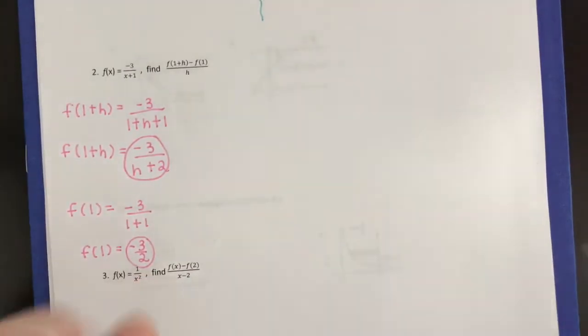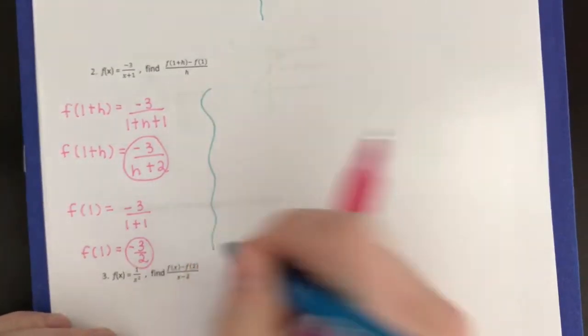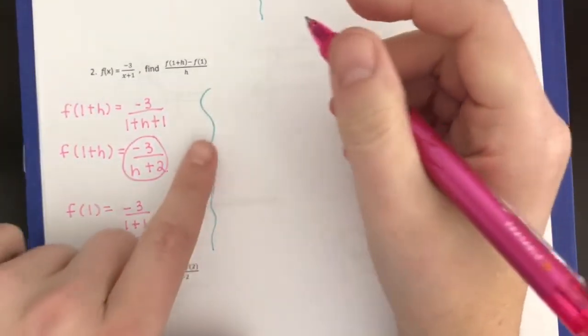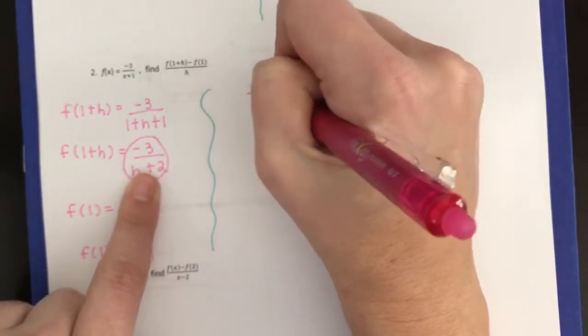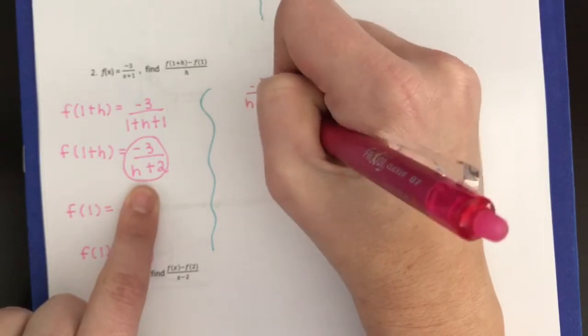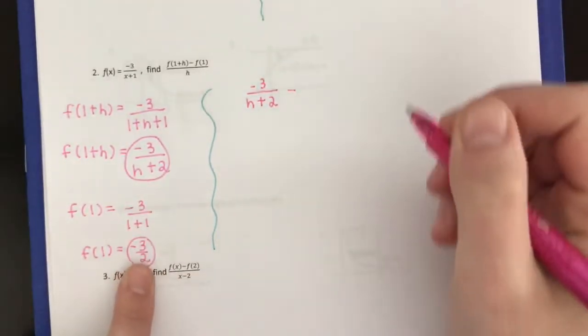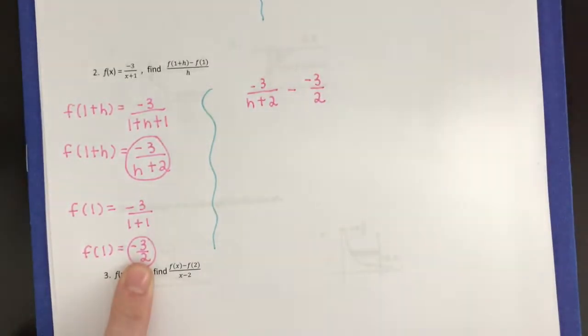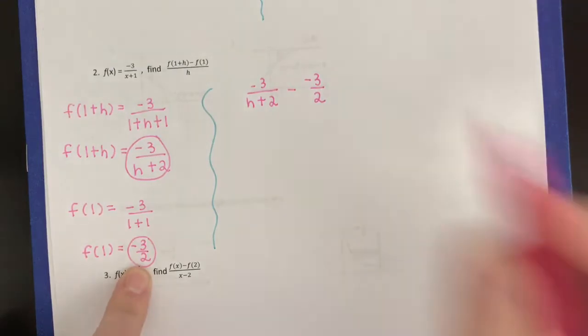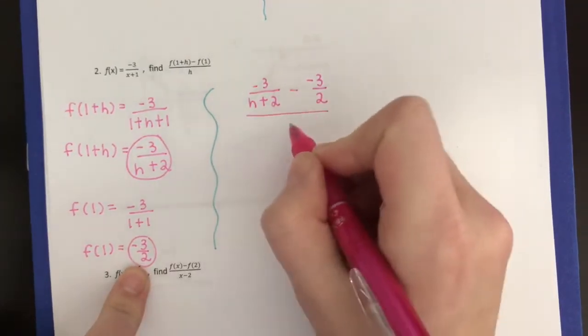So here we would have negative 3 over h plus 2 minus negative 3 halves, and then all over h.